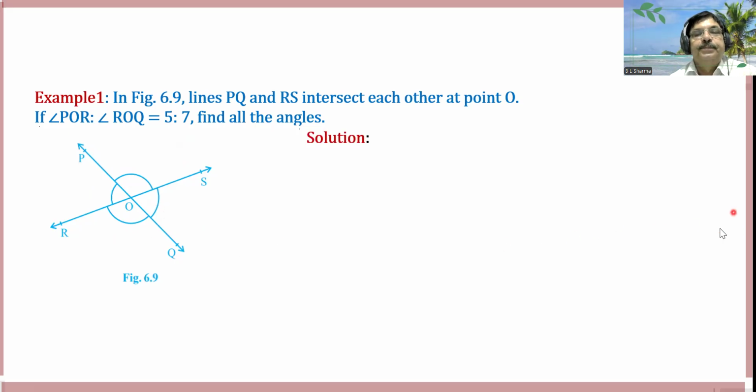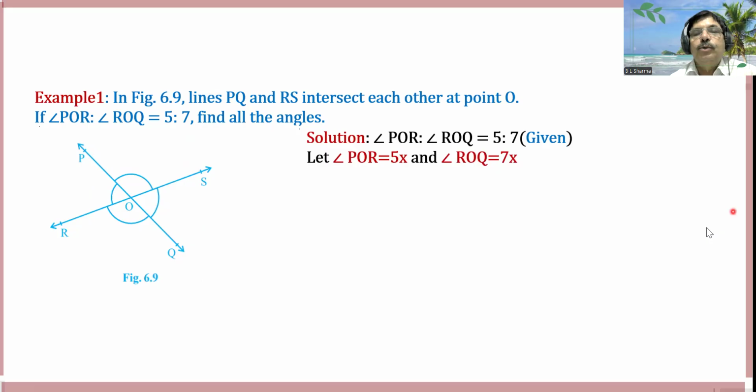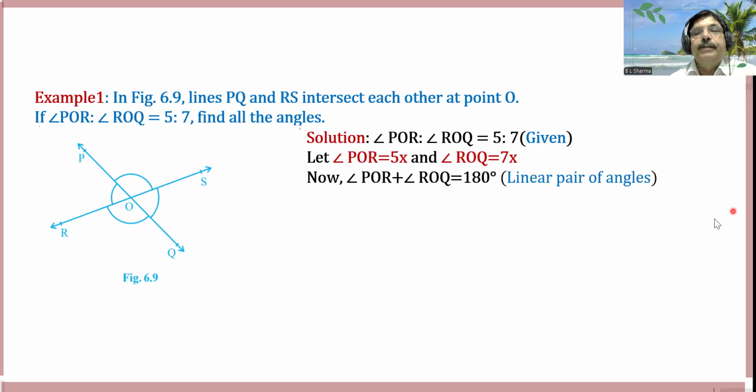How to solve it? It is given that angle POR to angle ROQ is 5:7. In such questions, what we do is multiply by a variable. So angle POR is equal to 5x degrees and angle ROQ is equal to 7x degrees, because this is 5 multiplied by x, this is 7 multiplied by x. But these two angles are forming a linear pair. These angles are formed on one side of a straight line, and the sum of both is 180 degrees. So you can write angle POR plus angle ROQ is equal to 180 degrees, forming a linear pair.